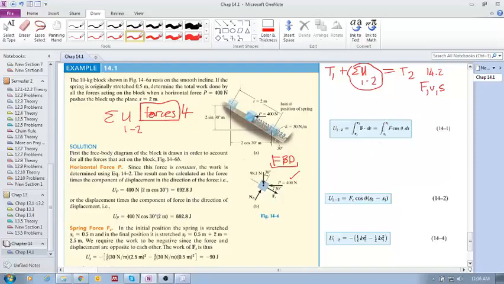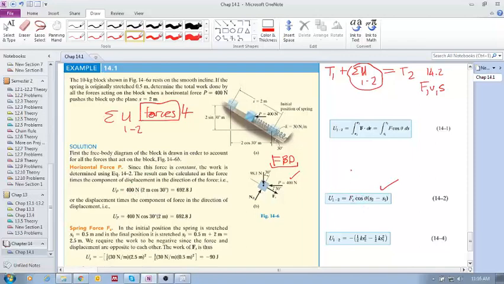Is the angle changing? We apply a force of 400, and as we apply it, the block moves up. The angle is not changing. So we will use this equation: constant force, constant angle between them, times the displacement, S2 minus S1. That force is 400.